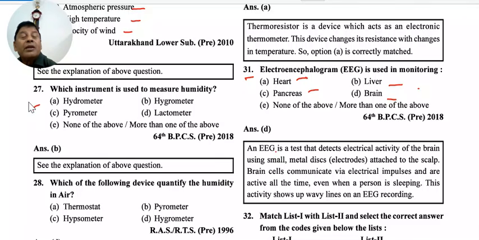So now this question, which instrument is used to measure humidity? So repetition of the questions, must remember hygrometer, because pyrometer is meant to measure very high temperature. Lactometer is for the purity of milk, right?